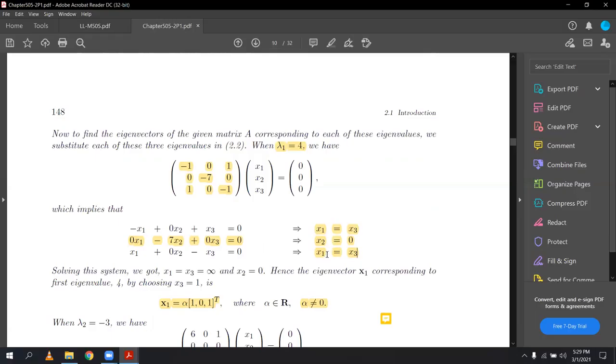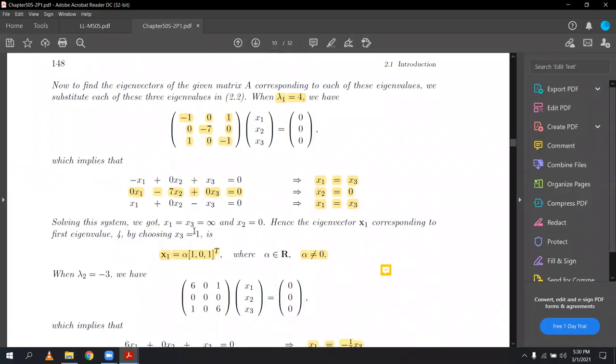So how many equations do we have? You have 2, and we have 3 variables. So we already know x2. For x3, as I told you, you can put any value. You remember in the previous case, we said x3 equal to t, where t is any real number but not equal to 0.